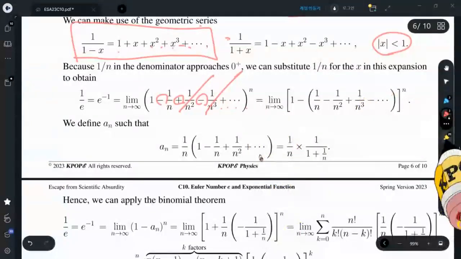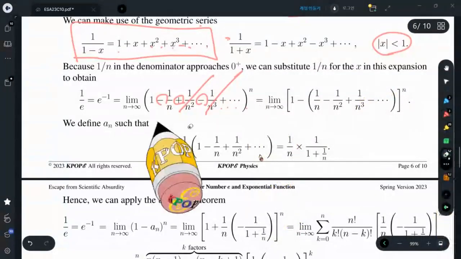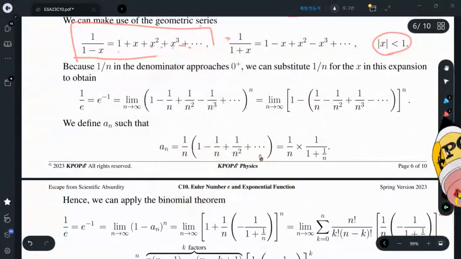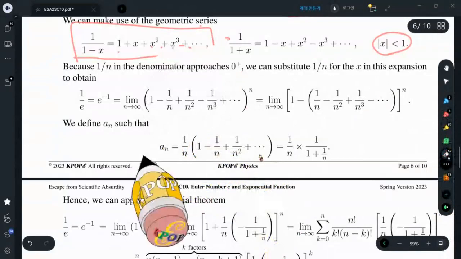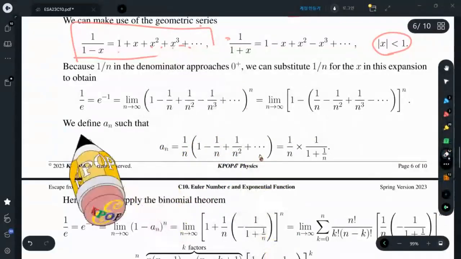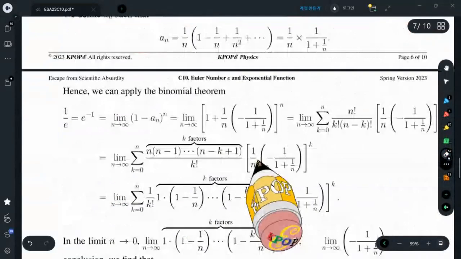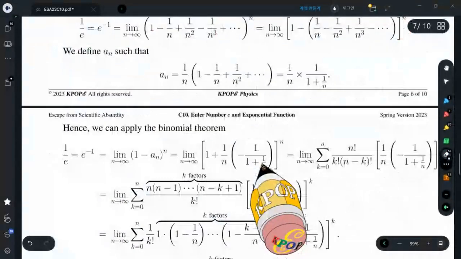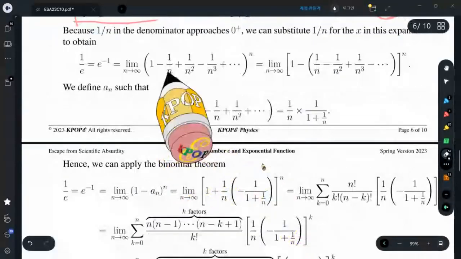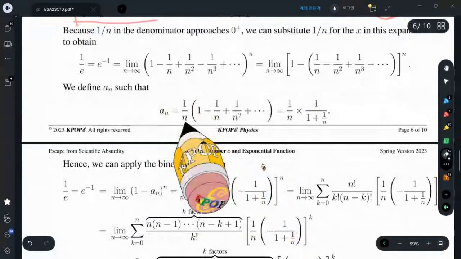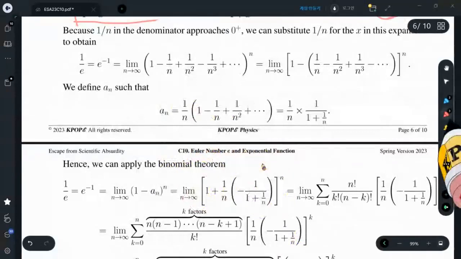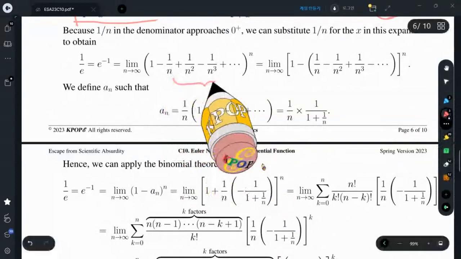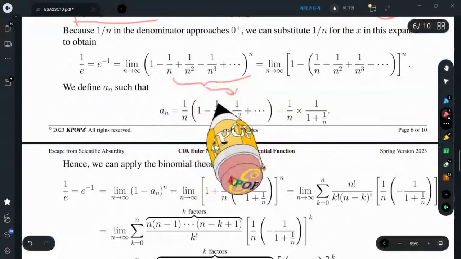Wait a second. Why don't we define this one in this manner? I have pulled this 1 over n out, and the remaining piece is 1 minus 1 over n, with the 1 over n factored out.